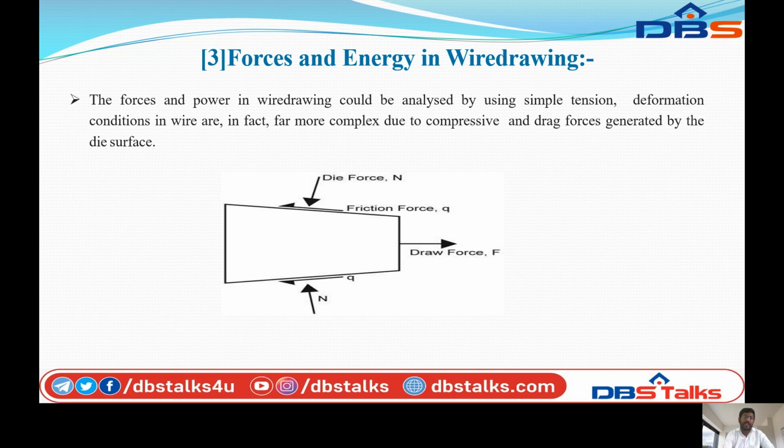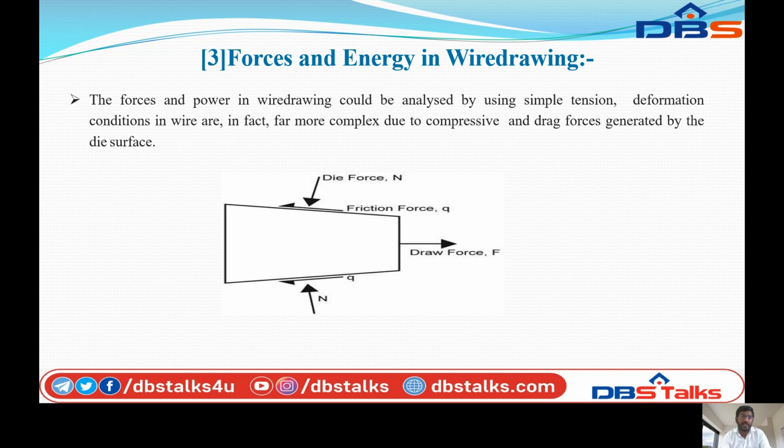You can see in the figure the die force applied at the top and bottom of the material. The die force N is applied as downward and upward forces. The friction force Q acts towards the draw force and away from the draw force. The draw force acts along the horizontal direction.